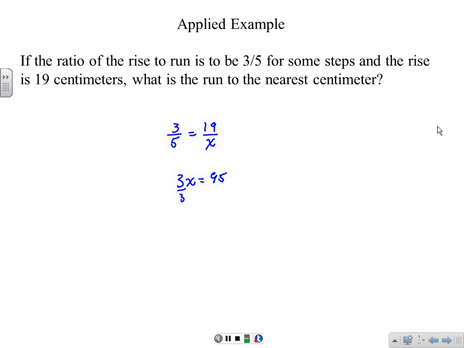If we divide both sides by 3, we'll get x is equal to 31.7 centimeters. But the directions say what is the run to the nearest centimeter, so we would have to round up, so that would be 32 centimeters.